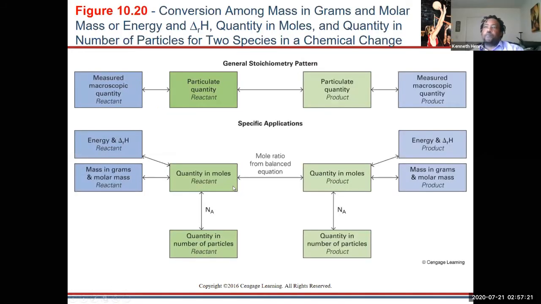At the end of the day, or at the beginning of the day, it really just depends. We can do the same thing that we've done with mass and with moles. We can do conversions using stoichiometry, and we can do the same thing in terms of energy and our enthalpy.